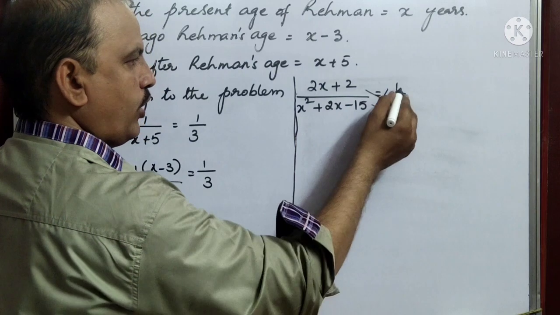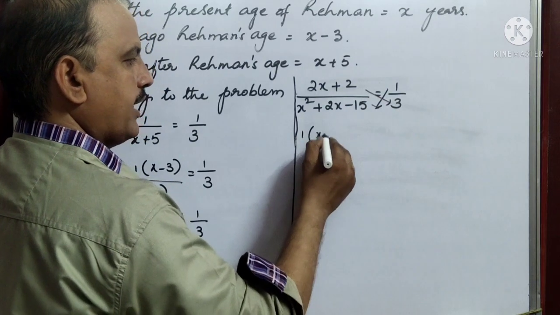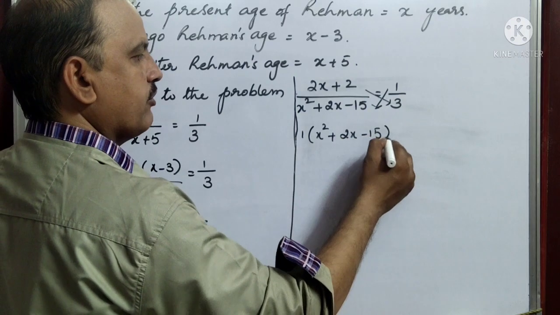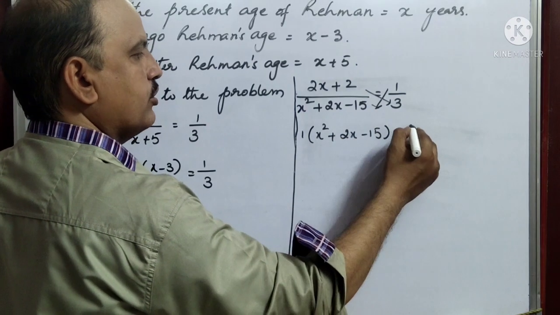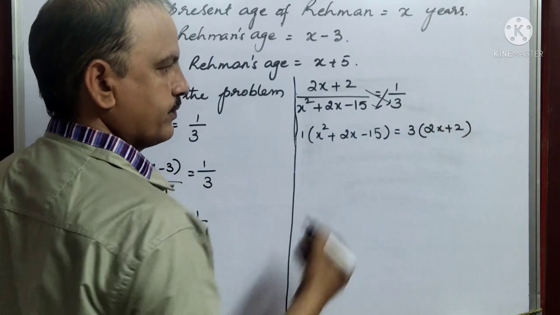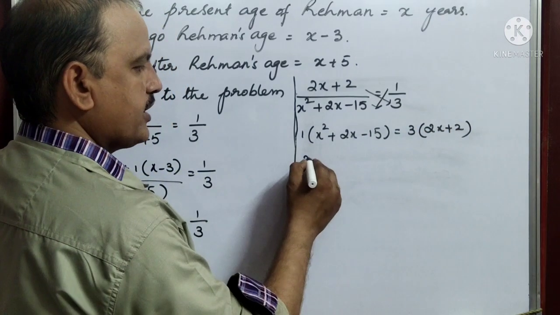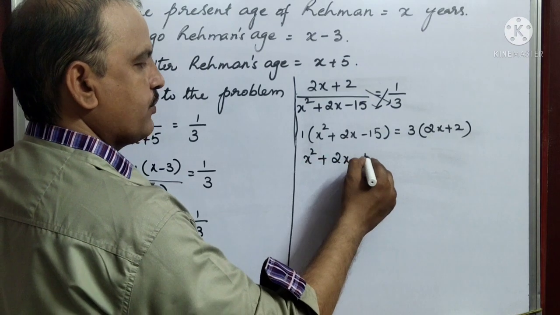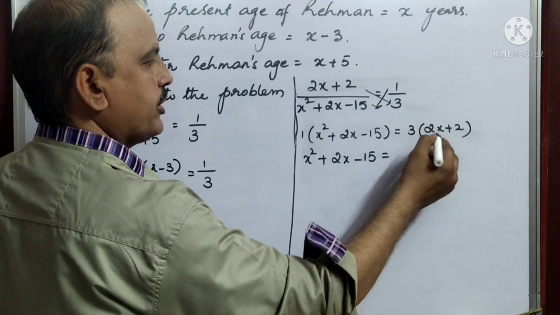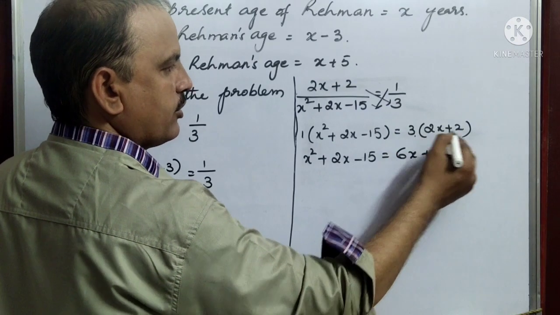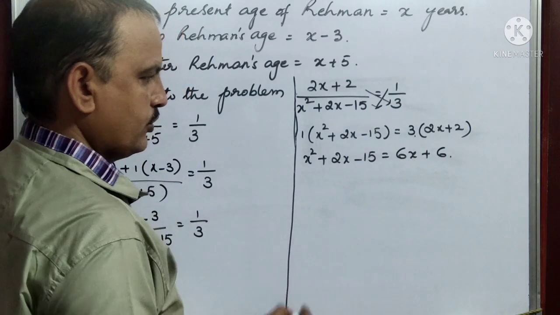So 1 into x square plus 2x minus 15 equals 3 into 2x plus 2. So 1 into x square is x square plus 2x minus 15 equals 3 2s are 6x plus 3 2s are 6.